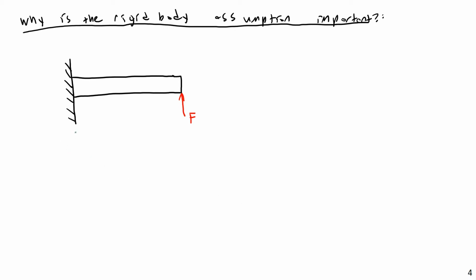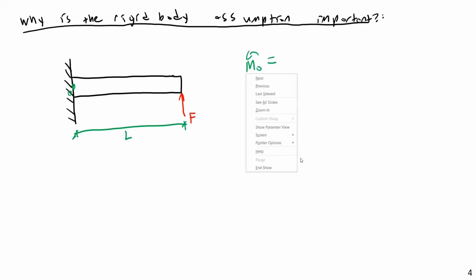To make this a little more explicit, I'm going to give this dimension: a beam length L. Let's talk about this point here. Let's call this point O, the origin. The moment about O, well, that's fairly straightforward.